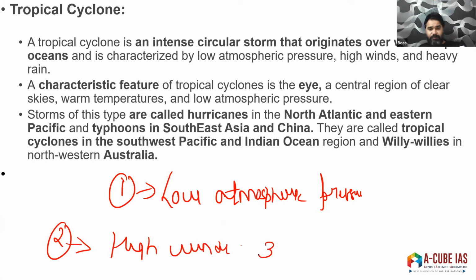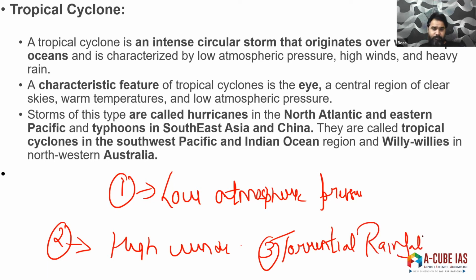And number three, torrential rainfall. So the important features of a tropical cyclone are number one, low atmospheric pressure; number two, high winds; and number three, heavy rainfall.